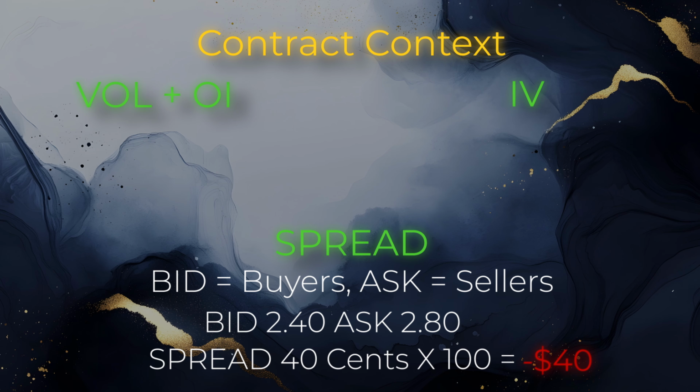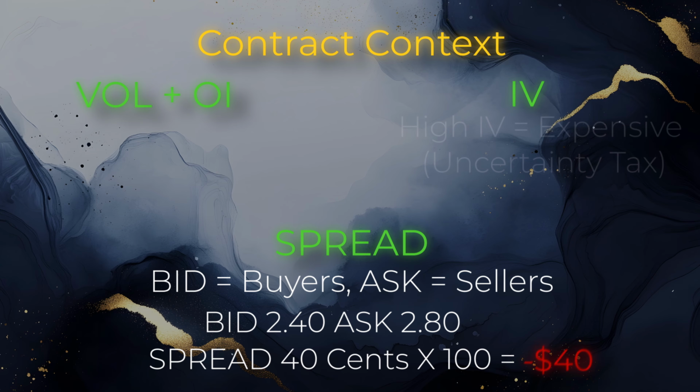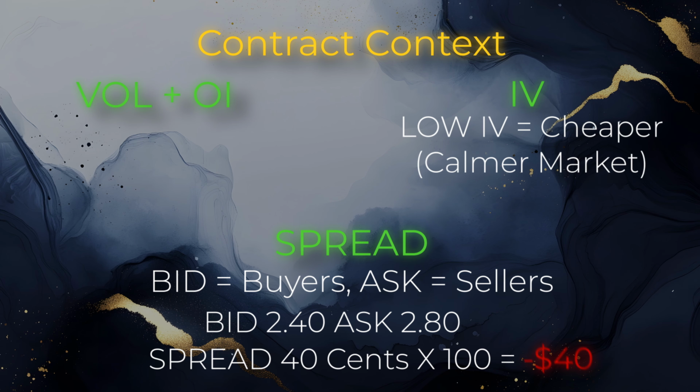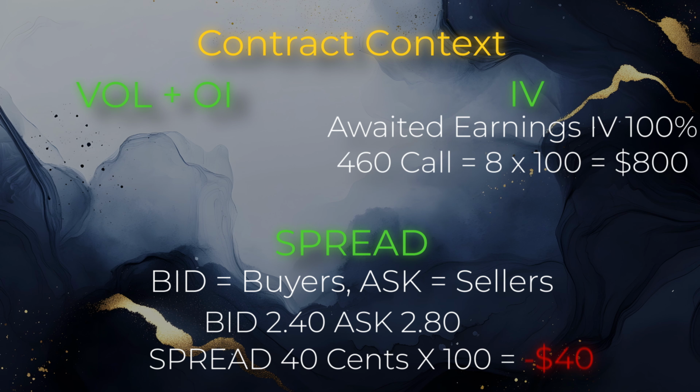Next, you've got implied volatility. IV tells you how big a move the market expects. High IV equals big expected swings and more expensive options. Low IV equals smaller swings and cheaper options. Let's say Tesla has earnings next week. Everyone expects a big move.